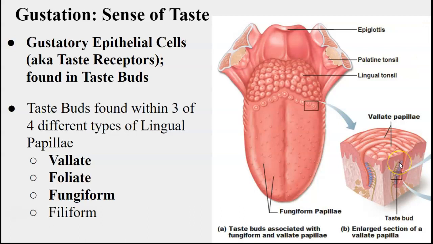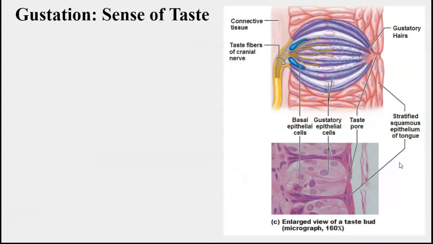And then within the taste bud, there are receptors. So here is a taste pore where little bits of saliva containing dissolved food particles would go into and interact with your taste receptors. And so this is the taste bud.